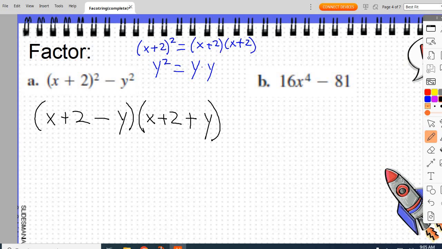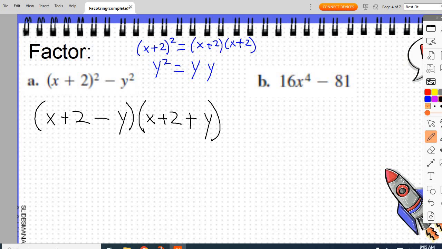Now, the next one is a little misleading. Because do we have a squared on that one? No. But what do we have? A fourth, right? So can you write something to the 4th power as something times itself? Yes.